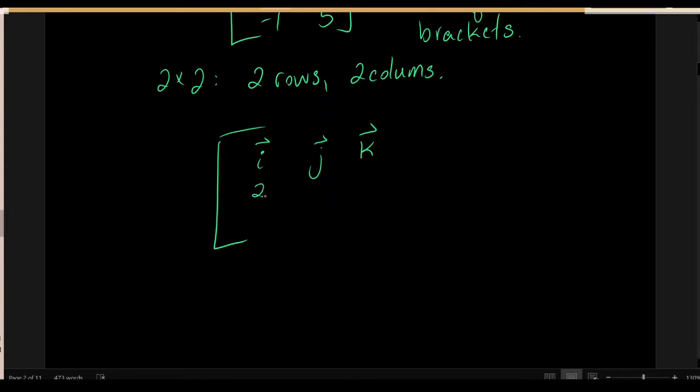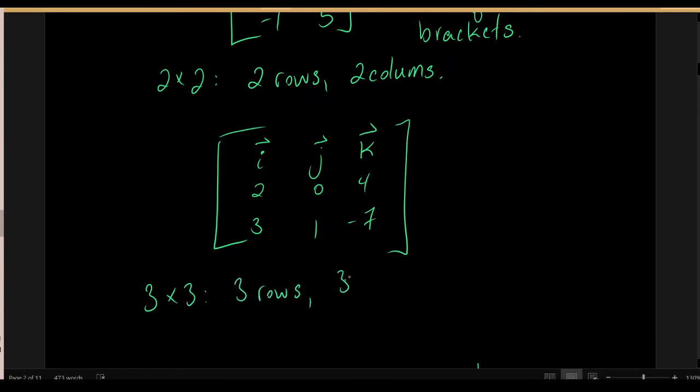And the numbers 2, 0, and 4 are in row number 2. And 3, 1, and -7 are in row number 3. This would be another example of a matrix, which is 3x3, 3 rows, 3 columns, this time filled with a combination of vectors and numbers.